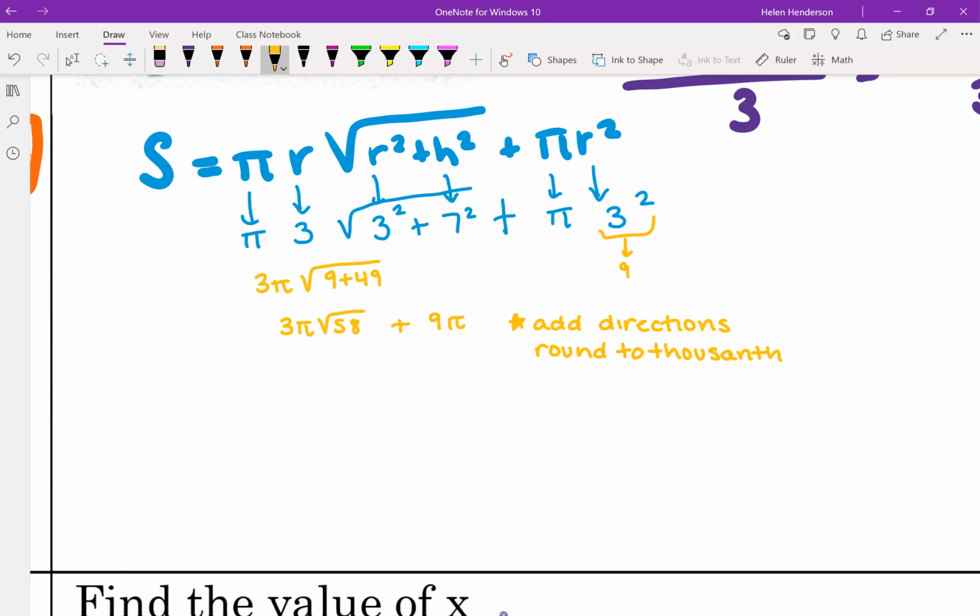So what I'm going to do is first I'm going to do the square root of 58, which gives me a long decimal. I'm going to times it by 3, and then I'm going to times it by pi. And that gives me a very long decimal, 71.7769705. And I still have to add this 9 pi.